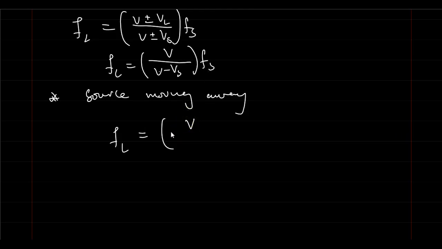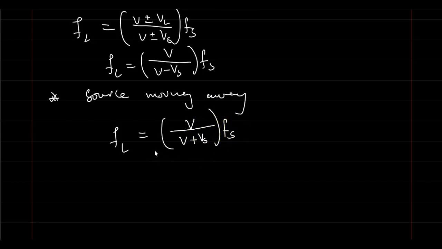Remember that the listener is stationary, so VL is equal to 0. So here we have V. Because we are expecting FL to be less than FS, our fraction must be something that is less than 1. So in order for us to achieve that, we must put positive.